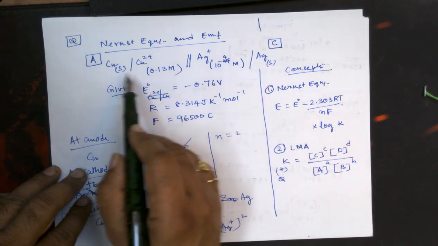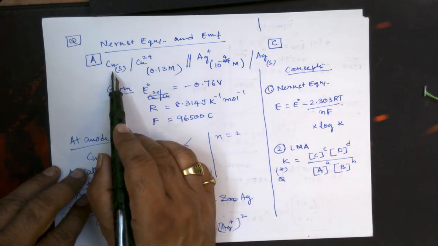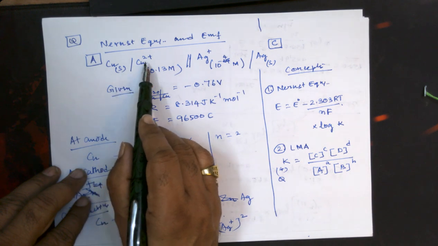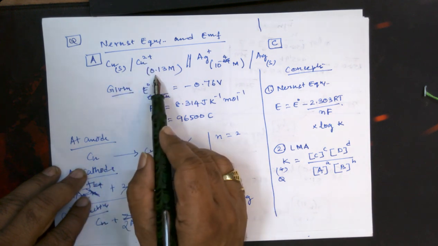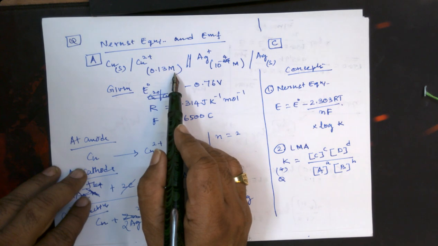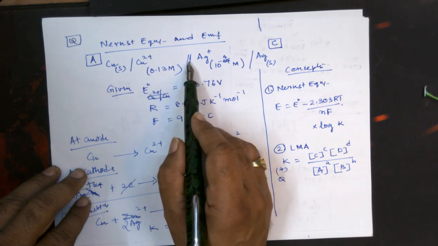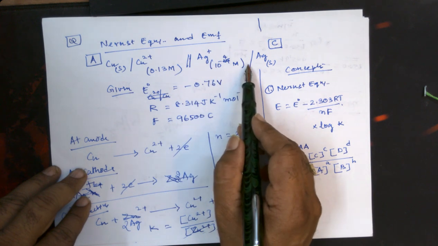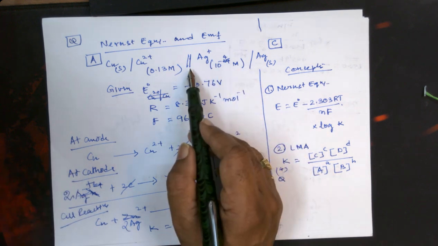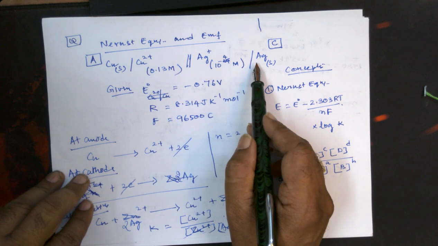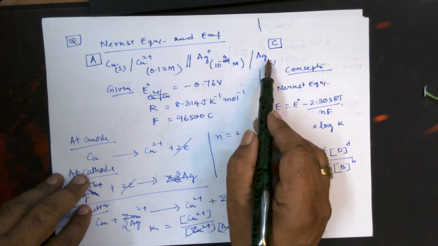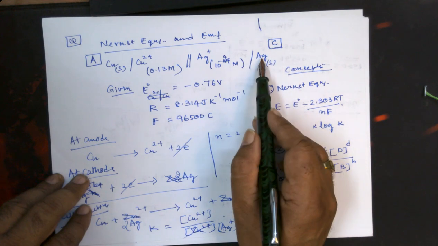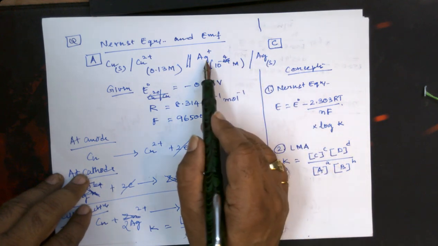It is represented as copper electrode dipped in copper 2 plus ion with the concentration 0.13 molar. Then it is in contact with the other electrode, that is silver electrode, through the salt bridge, and the silver electrode is represented as cathode here, that is Ag dipped in Ag plus ion.